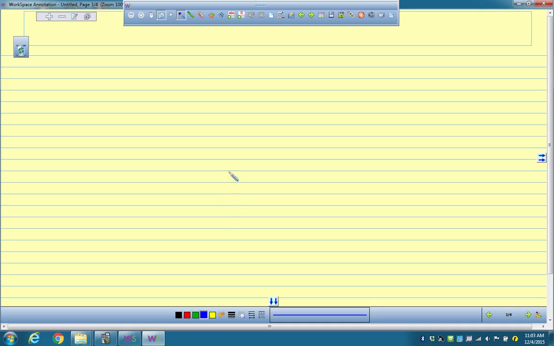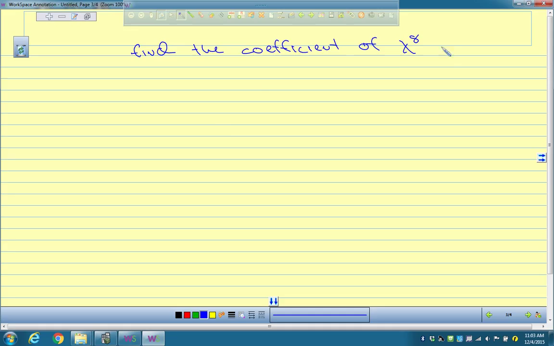Next one. So say they said something like this. This is a little trickier. Find the coefficient of x to the 8th in x squared plus 2 raised to the 12th power.